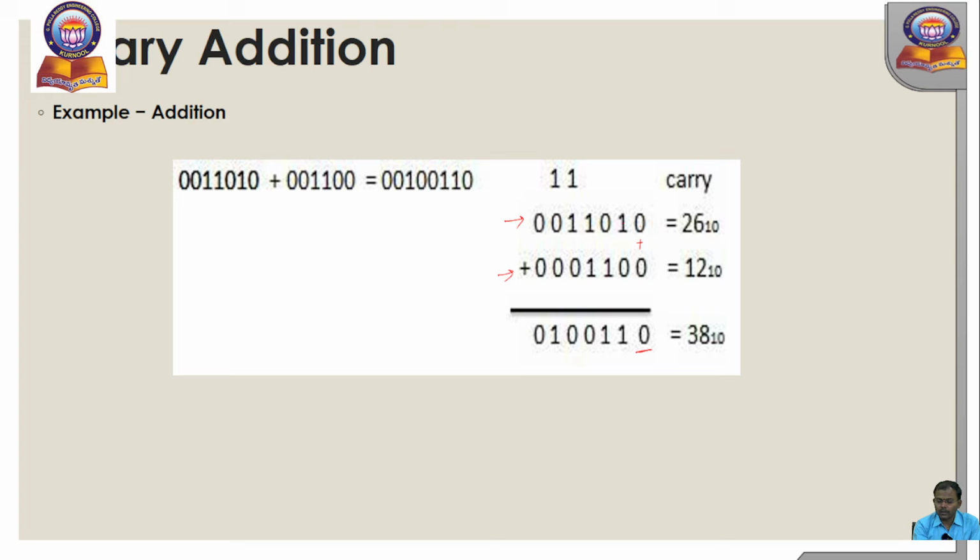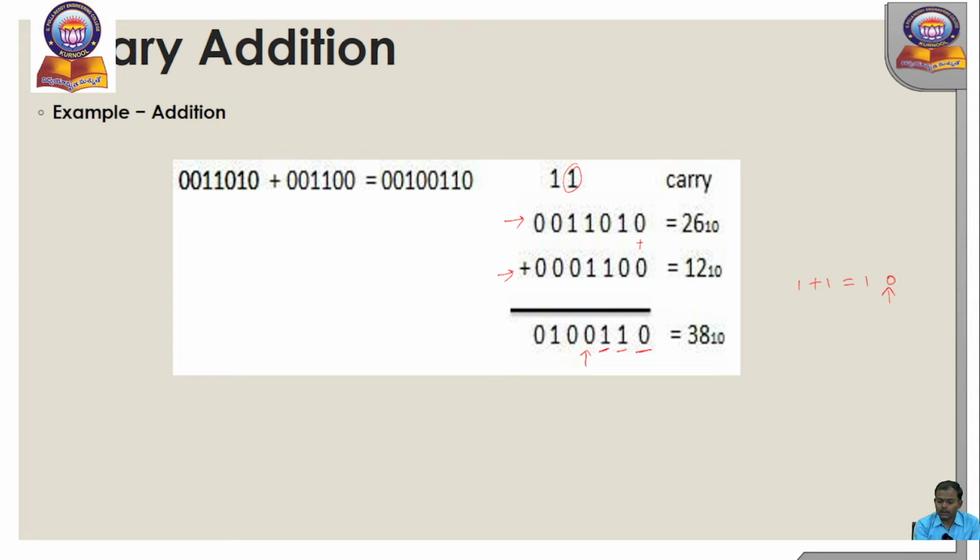Then 1 plus 0, sum is 1. 0 plus 1, sum is 1. Then 1 plus 1 gives the result 10. So 0 is written as sum and the carry is written over here.